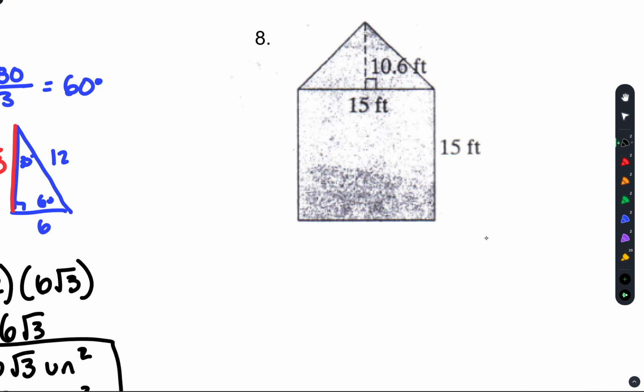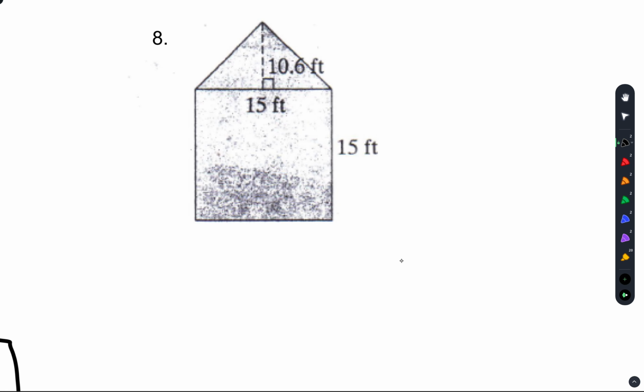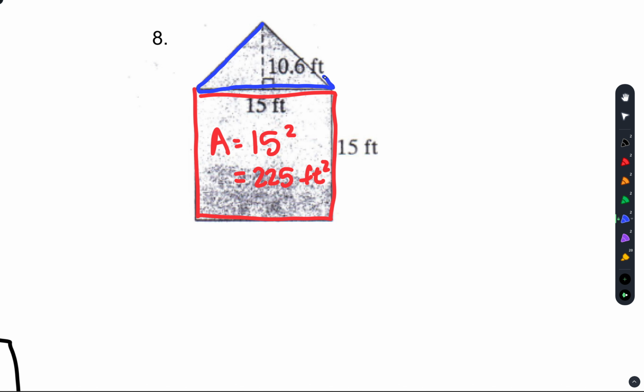Okay. The last one, number 8, we call this a composite figure. That's when we stack shapes on top of each other, and we're trying to find the entire area of this shape here. In order to do that, we're literally just going to find them separately. I see 2 different shapes. Down here, I see a square. The area of this square is 15 squared, or 225 feet squared. Up here, I see a triangle.